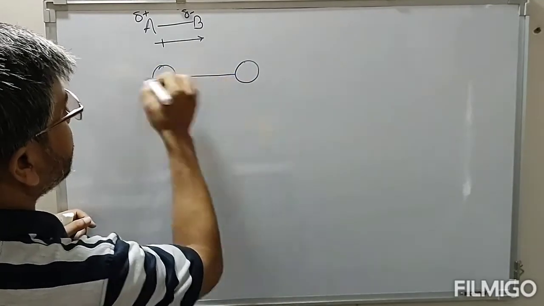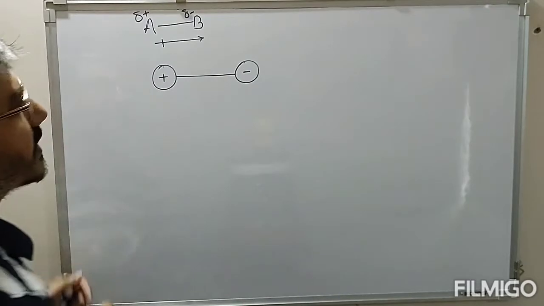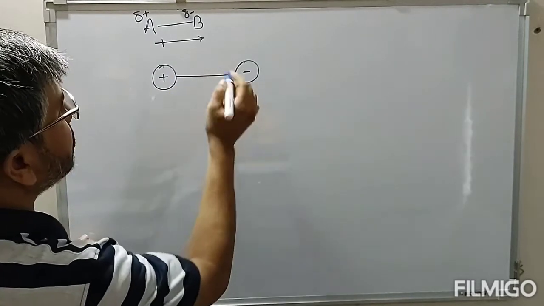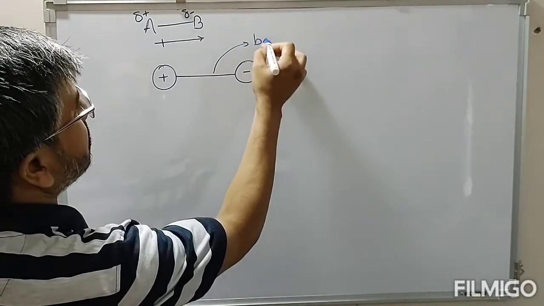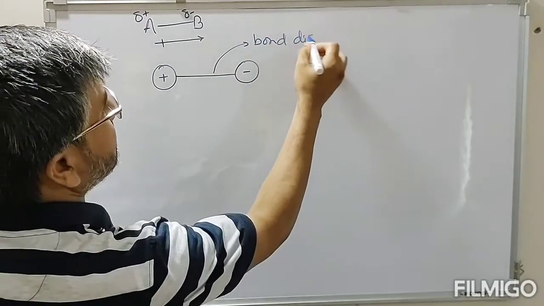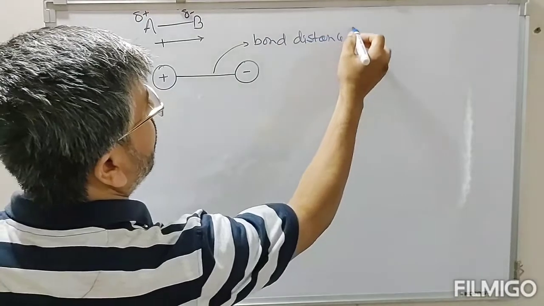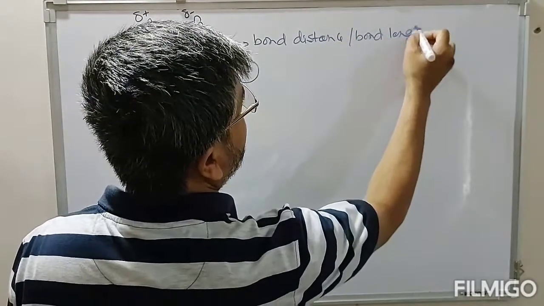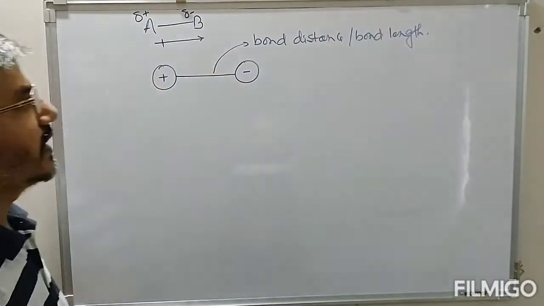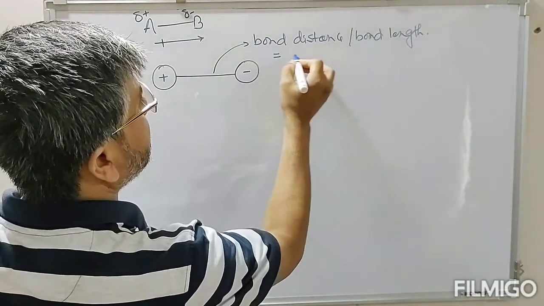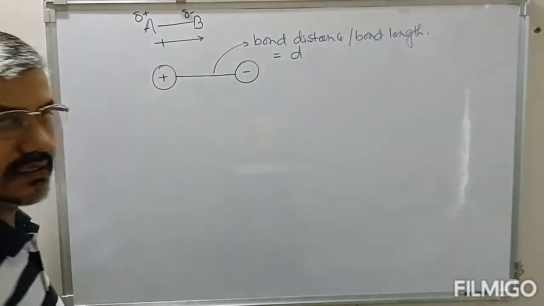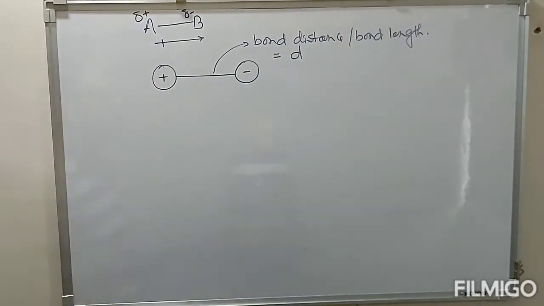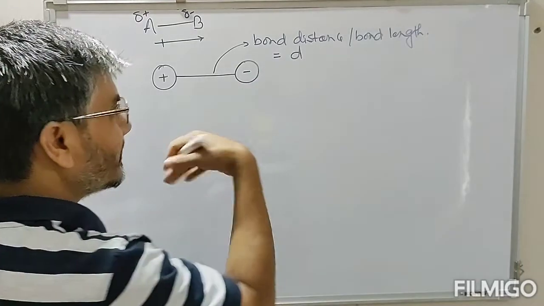This is the distance between the positive and the negative. This distance, that is the internuclear distance, is known as bond distance or bond length, and let this distance be D.